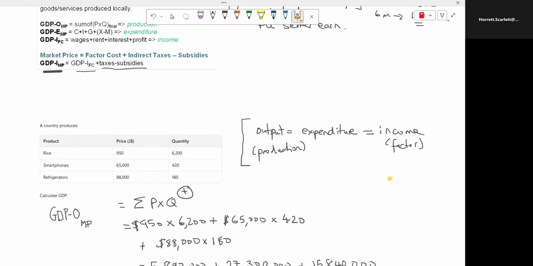Additionally, in order to generate the outputs, the firm is going to make use of the factors of production, and in return, they are going to provide some wages, some rent, some interest, and some profits to the owners of the factors of production. Therefore, income is going to be the same thing as output.